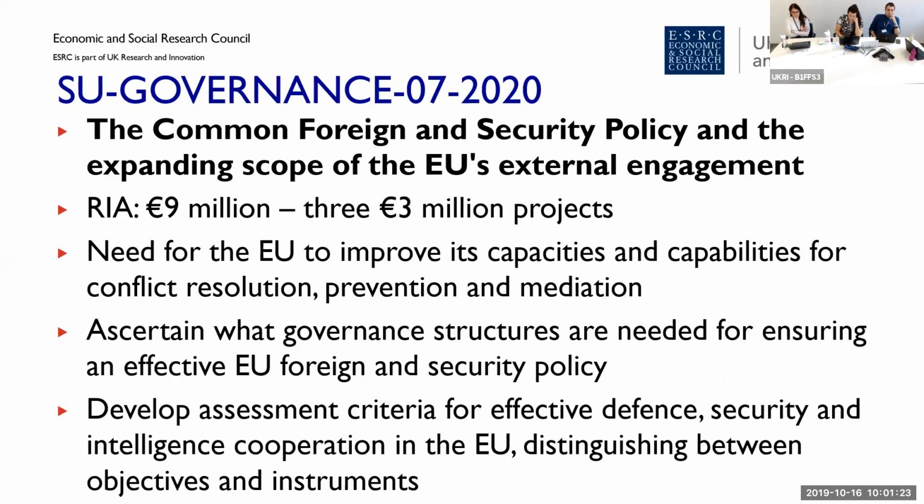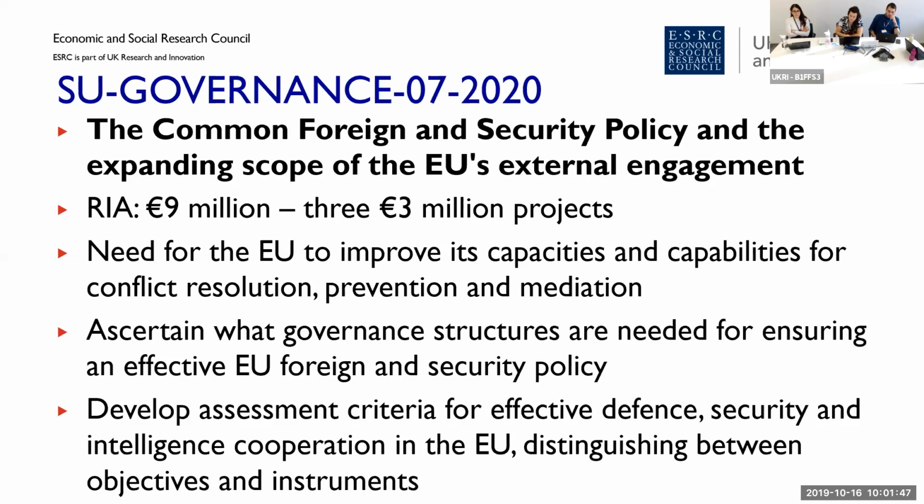SU Governance 7, so this takes into account previous calls in the earlier work programs in 2014 and 2016-17. These are names, so you can look those up in the work program. Cooperation with partners from third countries is encouraged in order to have comparative perspectives.